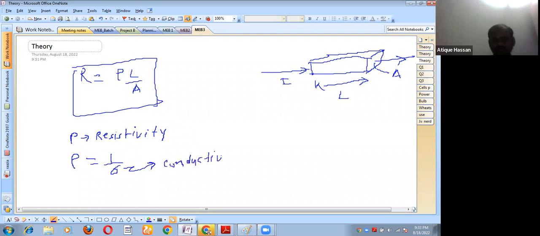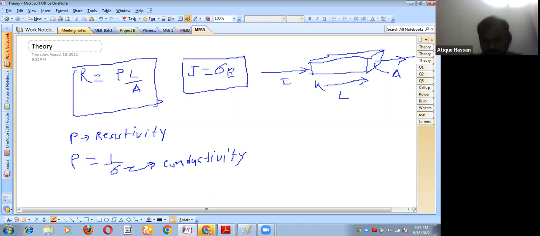Sigma is called conductivity. So R is known as resistance, and resistance can also be calculated as rho L by A. So this is the basic idea of Ohm's law. We can also write Ohm's law as J is equal to sigma E, where E is the applied electric field. Right? Any doubt till now?